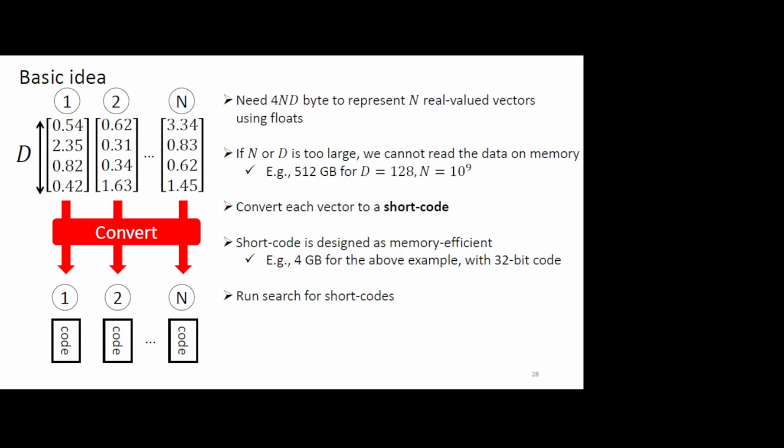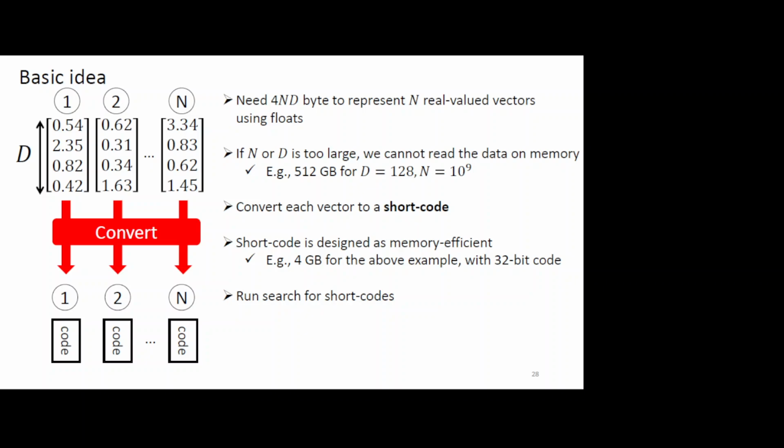So the reduction in memory usage can be very significant. In your original raw data, you need 4nd bytes to represent n real-valued vectors using float. The 4 means 4 bytes to represent a floating point, n is your number of data points, and d is your number of dimensions.